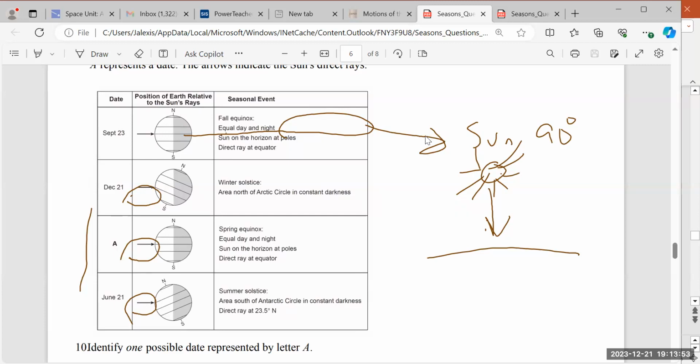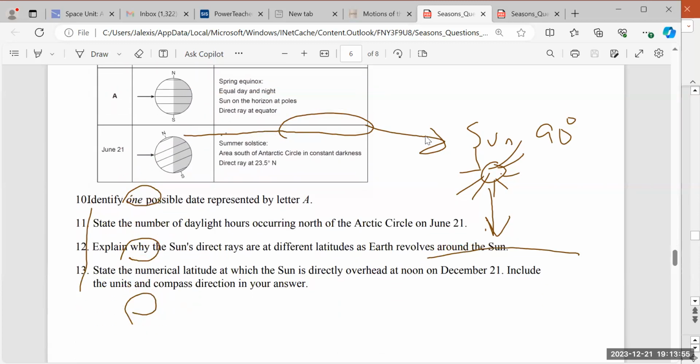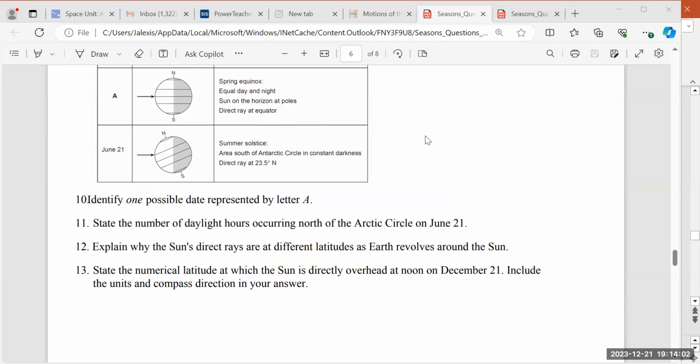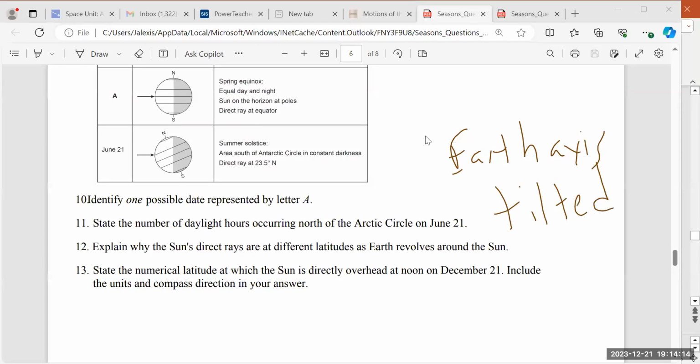So the question is asking pretty much, why is it that throughout the year, different latitudes are getting direct rays? And the answer is simple. It's simply because the Earth's axis is tilted.